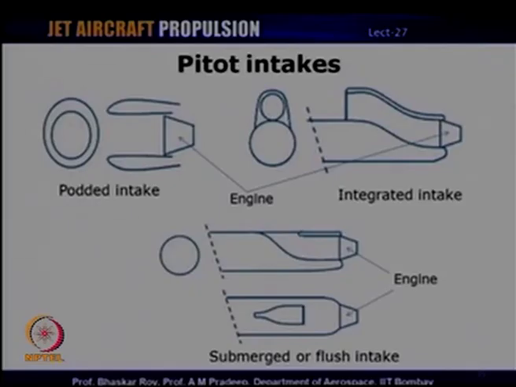Therefore, depending upon the type of geometry of the intake that you have, the simplest being the podded intake, then the integrated and the submerged intakes, the flow quality that leaves the intake and enters the compressor face is likely to be significantly affected.